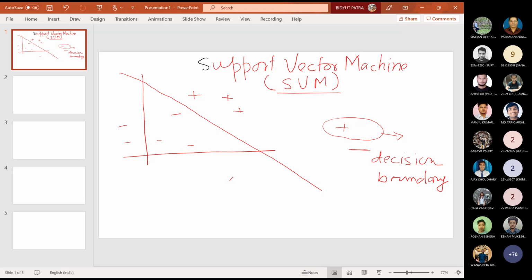That is the main task of the support vector machine. As I said, there may be an infinite number of lines, so we have to find the right or correct line.